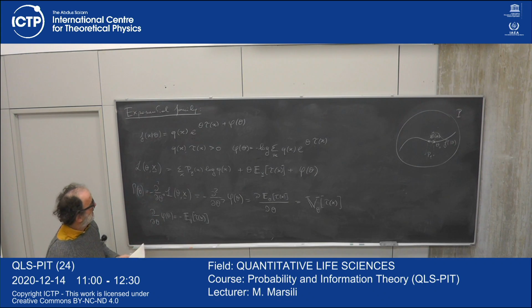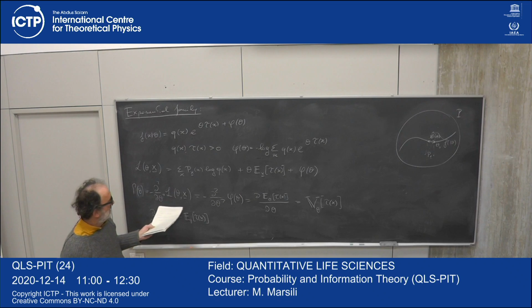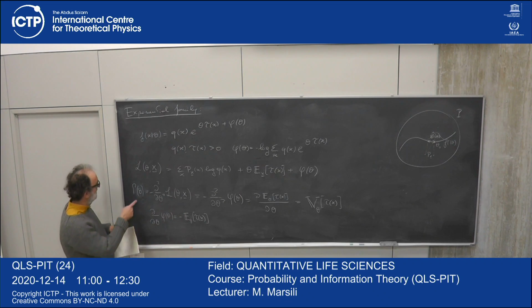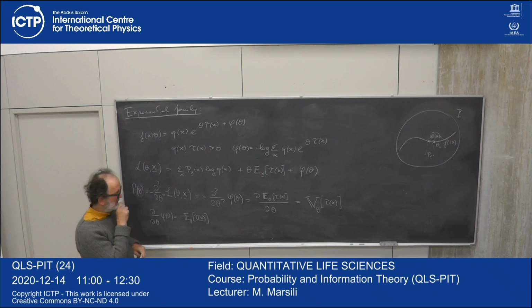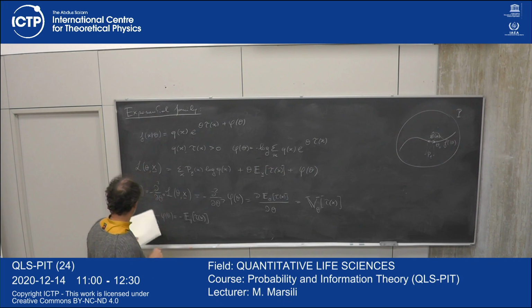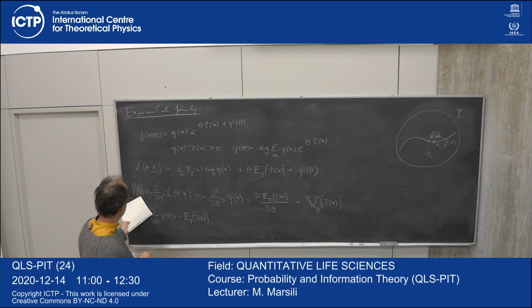Okay, so what is special about this is that now this second derivative does not depend on the data, it only depends on the parameter.